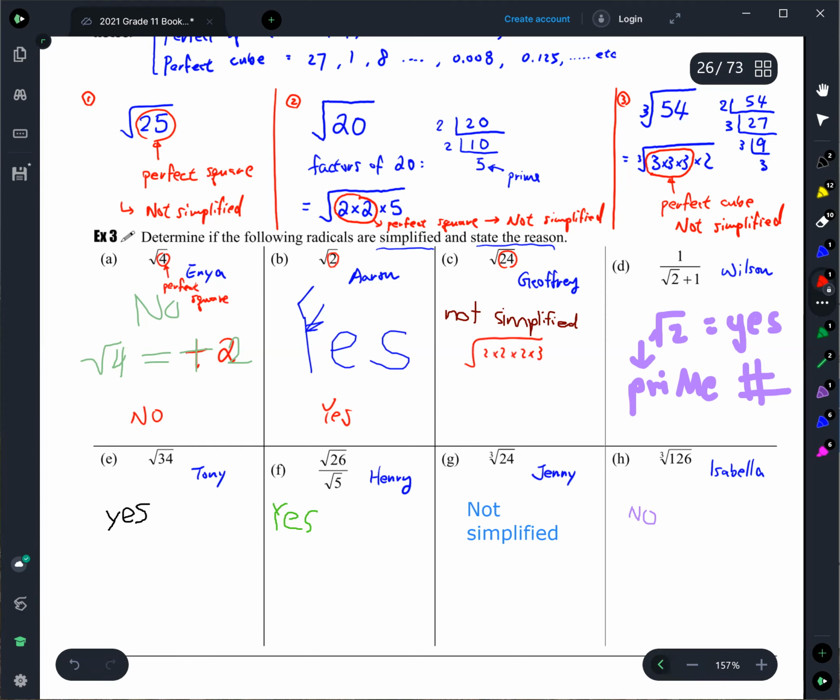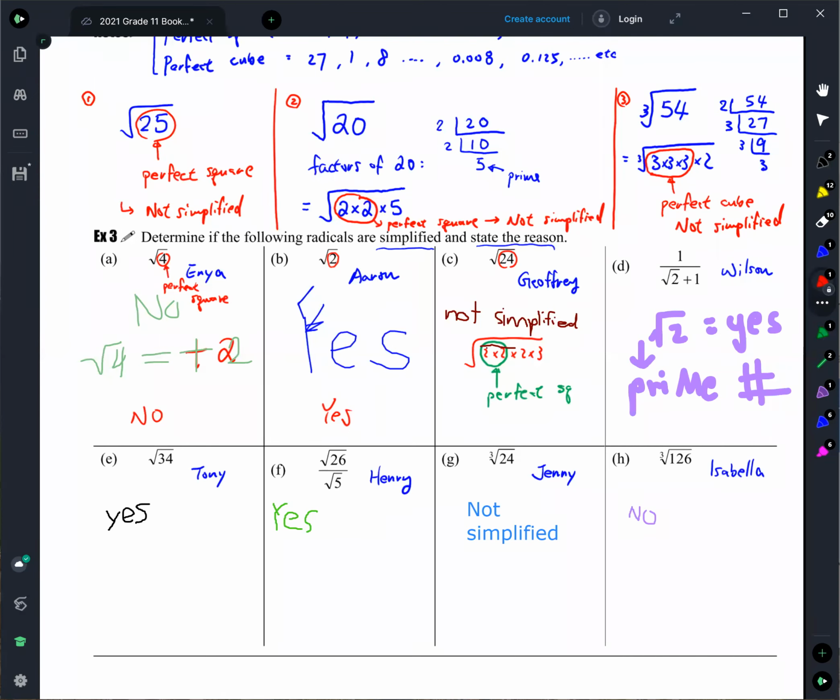What's the perfect square that's hiding inside? The 2 times 2, like this part. Okay, very good. 2 2s, so that's a 4, right? So this one is a perfect square. Therefore, it is not simplified.